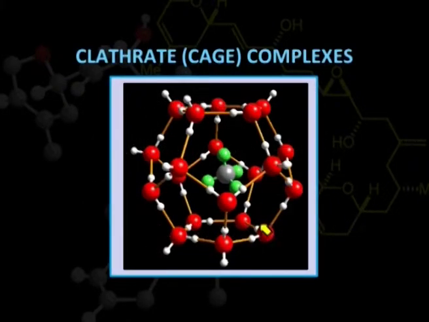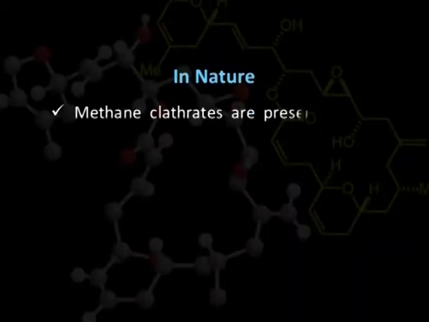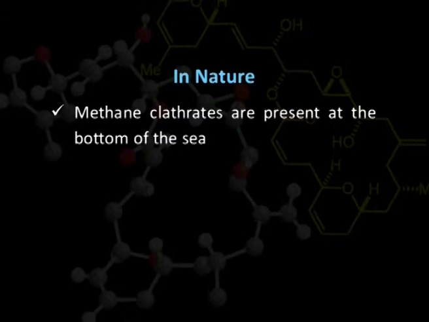Here we can see how guest molecule has been trapped into the cavities of the host molecule and clathrate compound is being formed. In nature also, presence of clathrates has been found. Methane clathrates are present at the bottom of the sea. They are trapped into the cavities of the water.